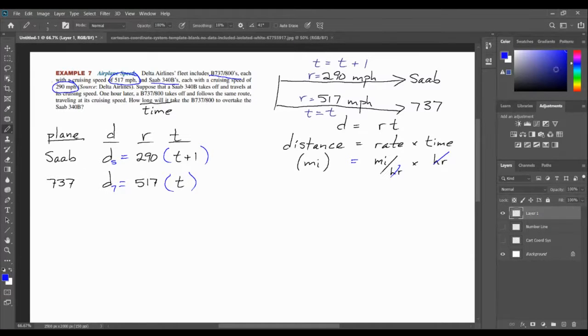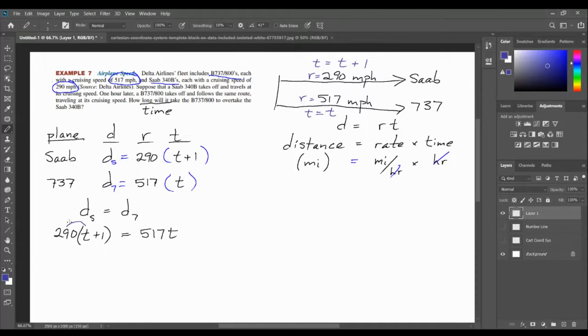So that means I could go ahead and just say distance of the Saab equals distance of the 737. The distance of the Saab is 290 times its time, and that has to equal the distance of the 737, which is its rate, times its time. And now we have a single equation with one unknown. We can solve that one.